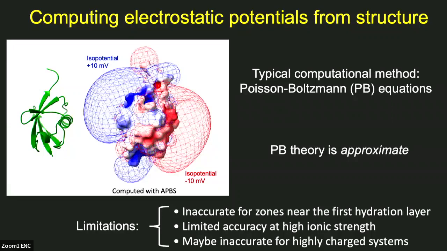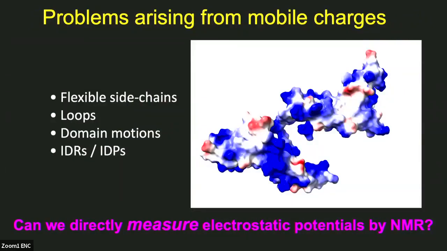The more serious problem arises from basically dynamics. Because of the protein dynamics, charge positions are changing constantly in solution. For example, the charges at the tip of the side chains are moving due to side chain dynamics. And there are many loops, and some proteins have multi-domains connected by linkers, and those linkers can be quite flexible, and the relative positioning of those domains can be quite different.